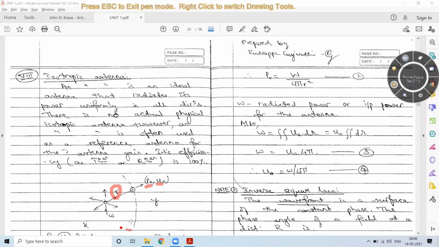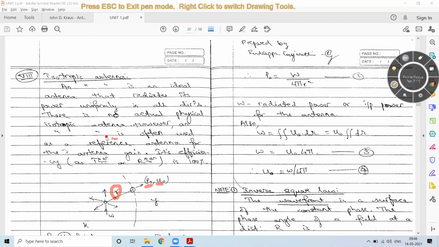So if I measure and all the measurements turn out to be identical, that is, all the values lead to P naught and U naught, then if any antenna provides such kind of radiation, we call that antenna an isotropic antenna. So basically, an isotropic antenna is an ideal antenna, or we can consider it as the reference antenna.